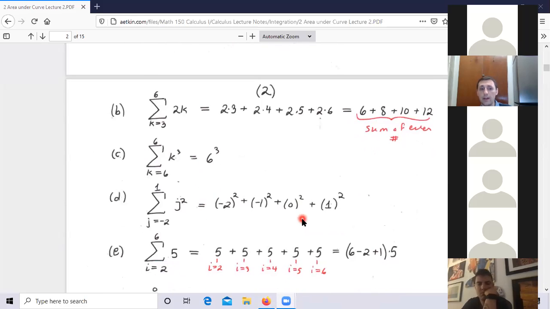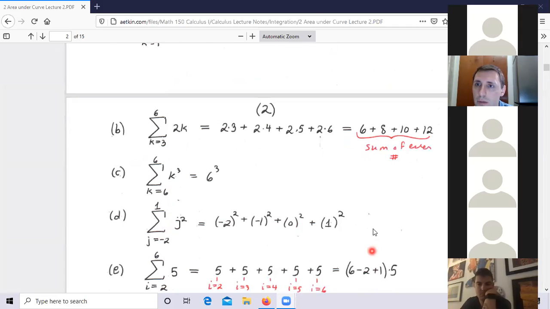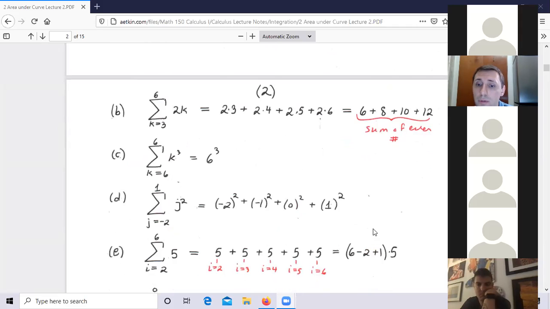How many copies of 5 do you write? Well, let's count it. 6 minus 2 is how many copies of 5 will be after I write i equal to 2. So it's 6 minus 2 plus 1. You understand why it's 6 minus 2 plus 1? That would be 4 plus 1, it would be 5 copies of 5. 6 minus 2 will tell you how many more 5s we'll have after i equal to 2.